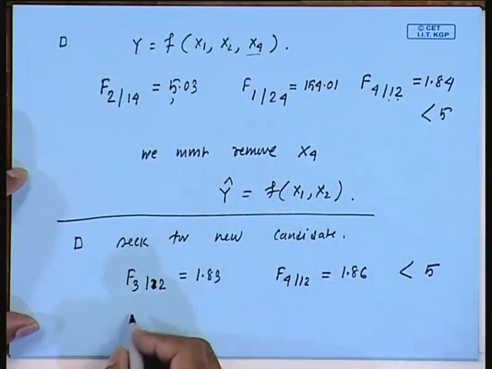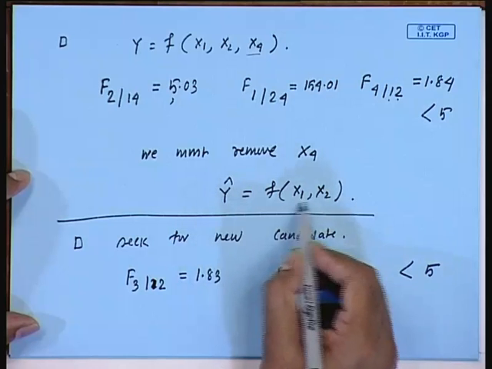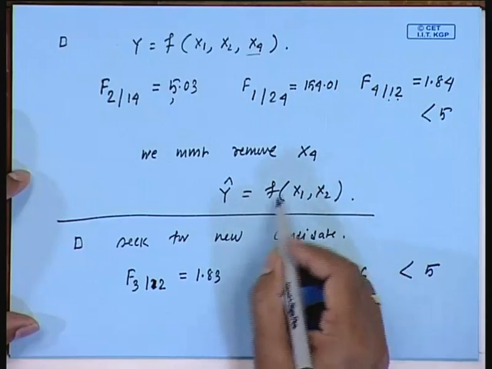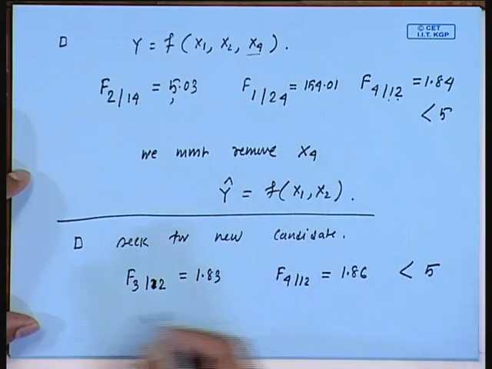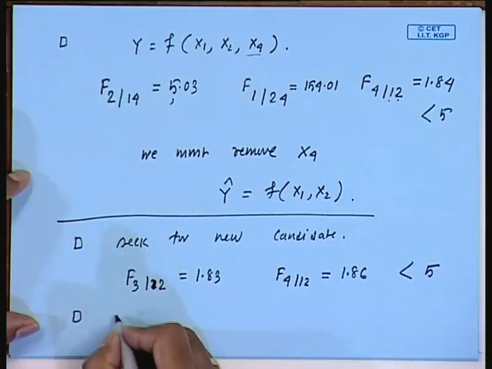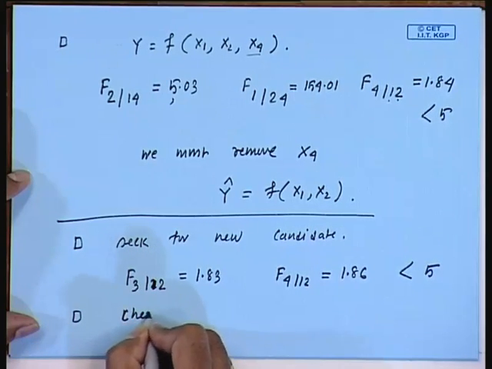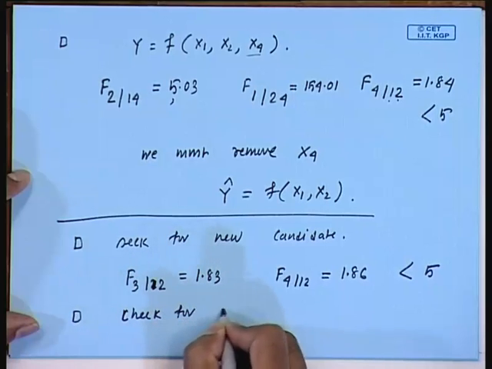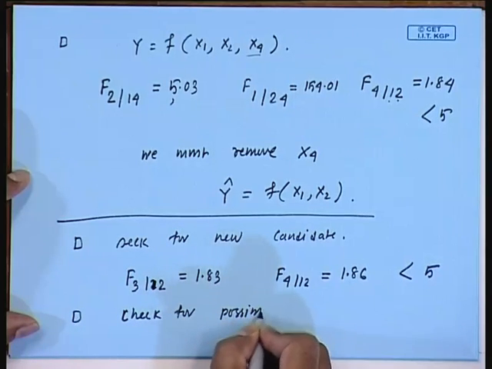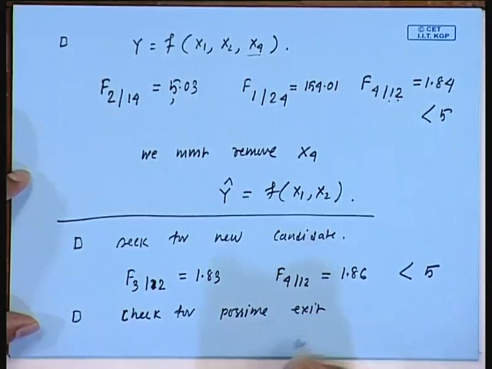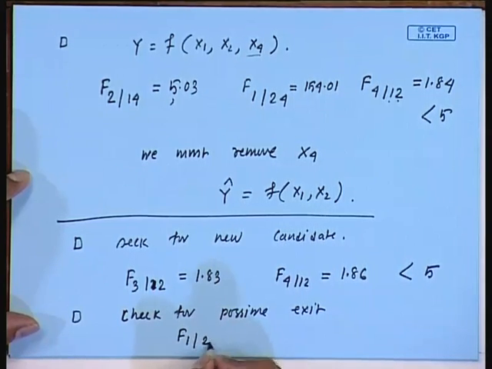Now, we need to check whether x1 is significant in the presence of x2. I mean, we look for possible exit. Okay. So, for that we check F1 given 2 and F2 given 1.